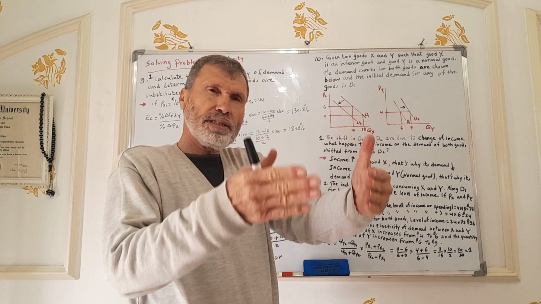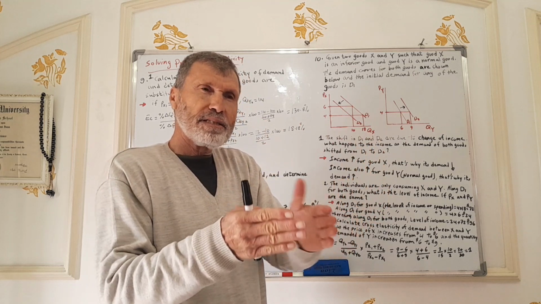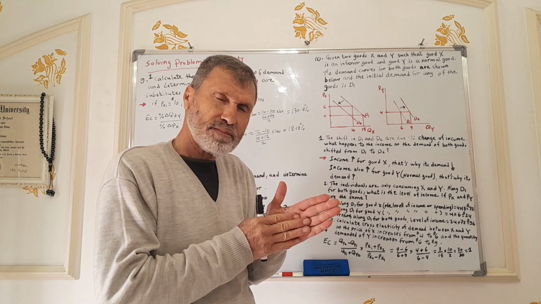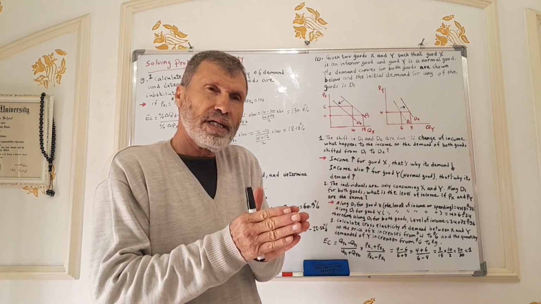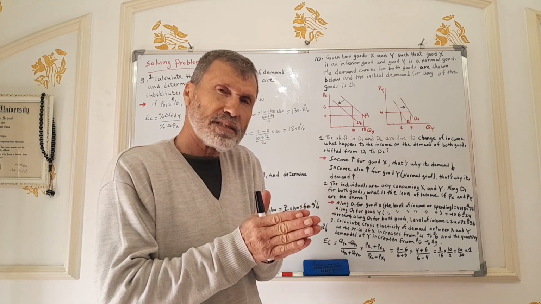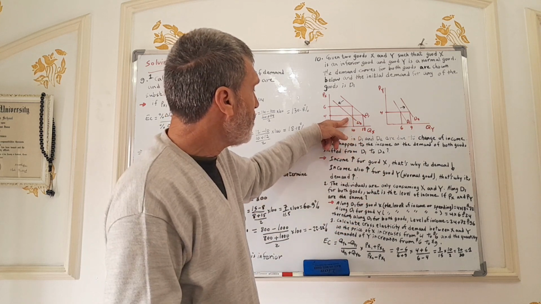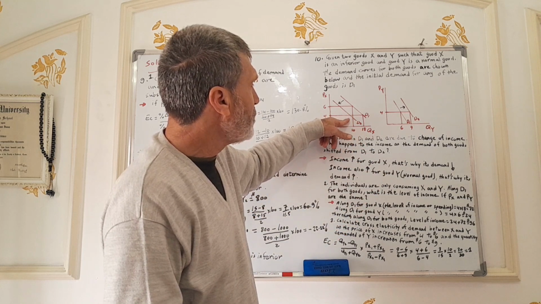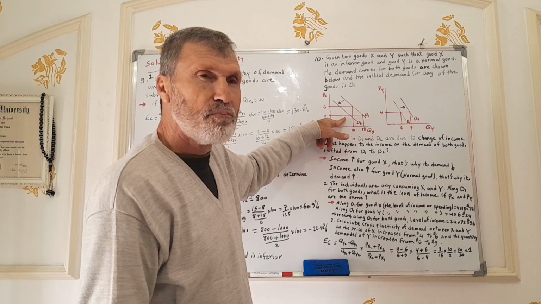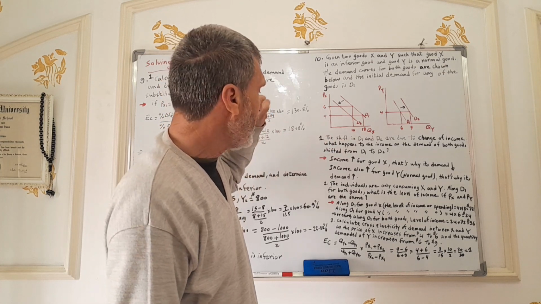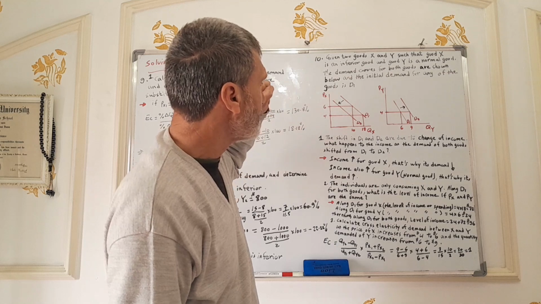When income increases, the demand for the inferior good will shift to the left. That is, the quantity demanded of the inferior good will decrease. So D1 shifted to the left as a result of the increase in income.